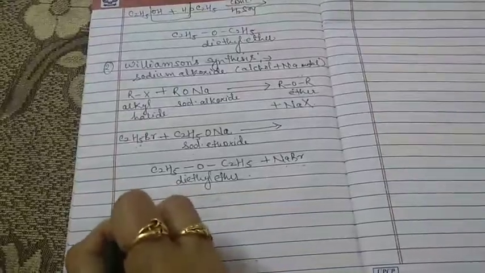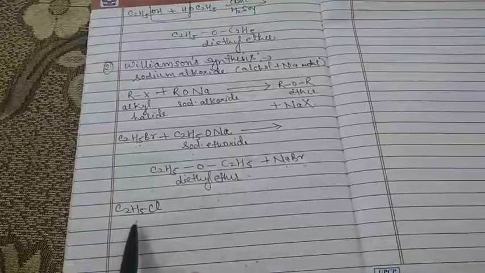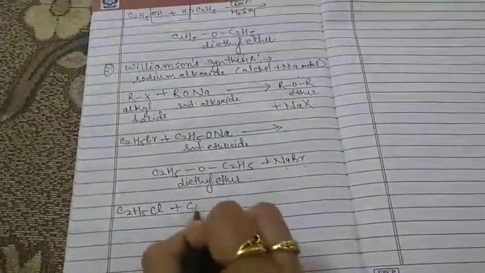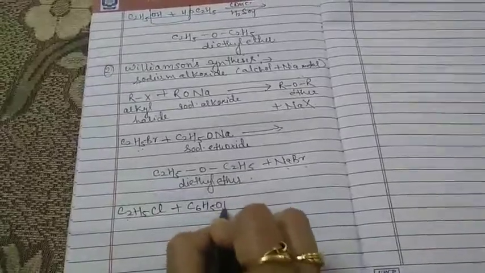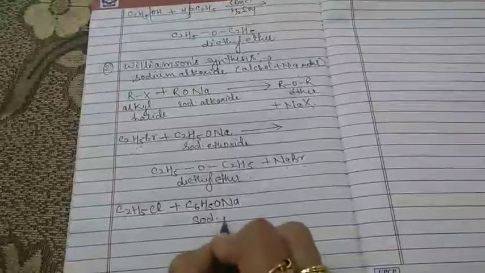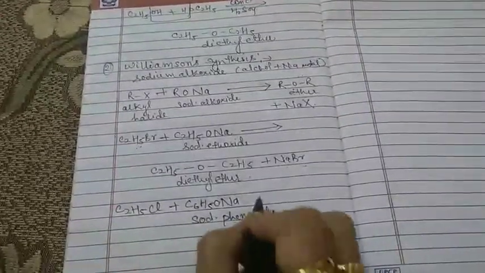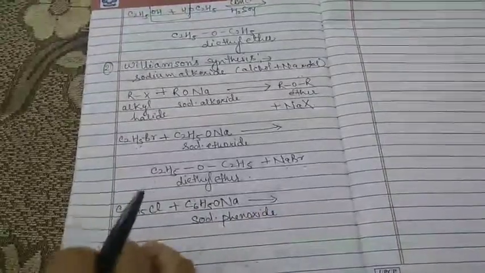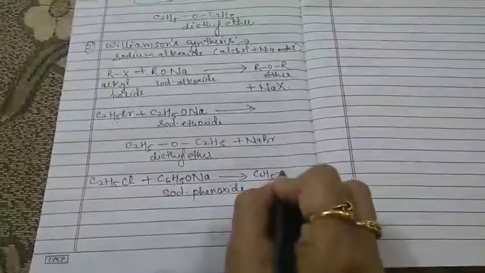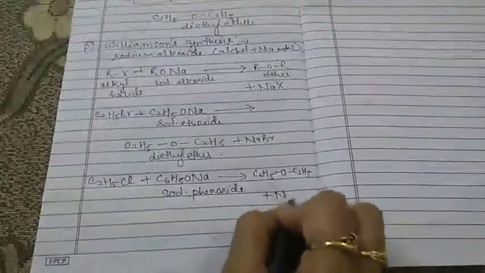Now another example is C2H5Cl. This is ethyl chloride when it is treated with C6H5ONa. This is known as sodium phenoxide. Then we get C6H5O C2H5 plus NaCl.